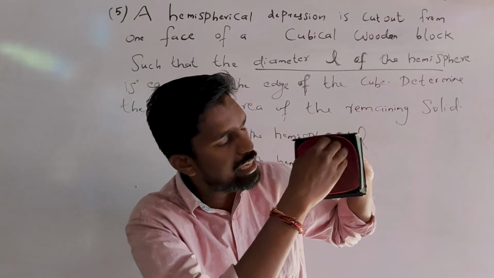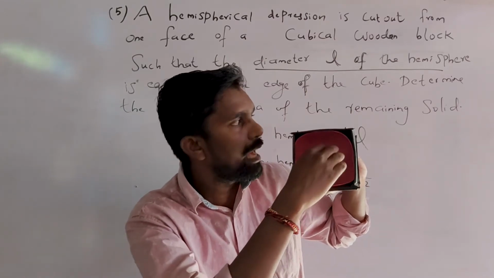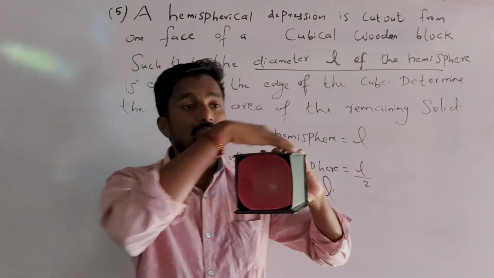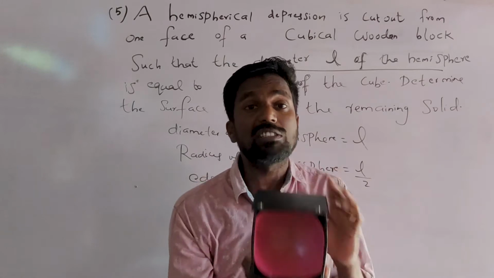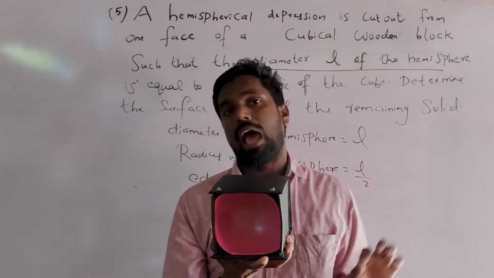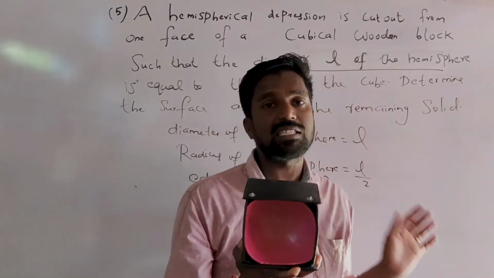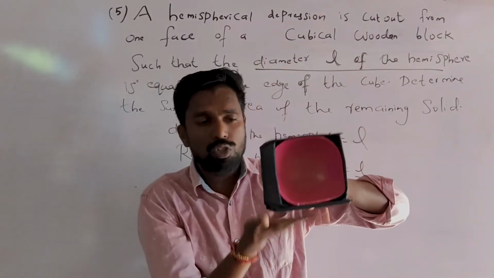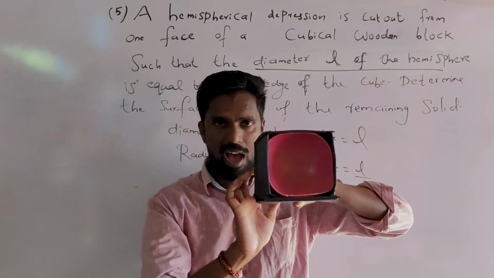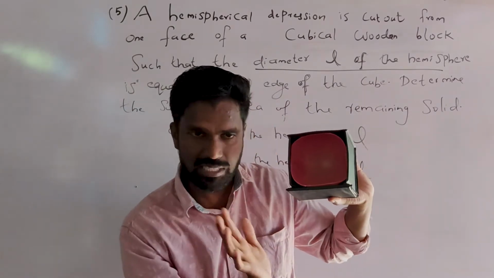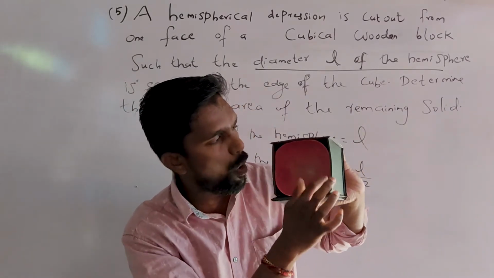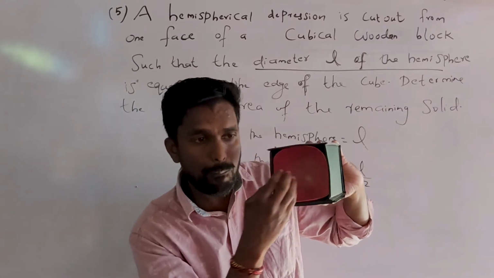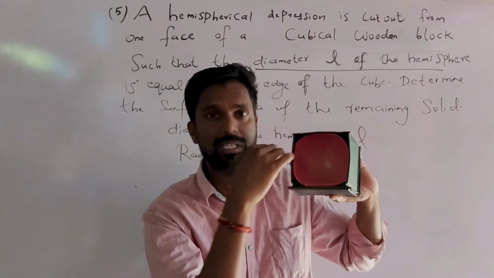And the CSA of the hemisphere also you have to find. All the surfaces you can see with your eyes, that all surface area you have to add: the 5 surface areas, plus the corner area, plus the CSA of the hemisphere.